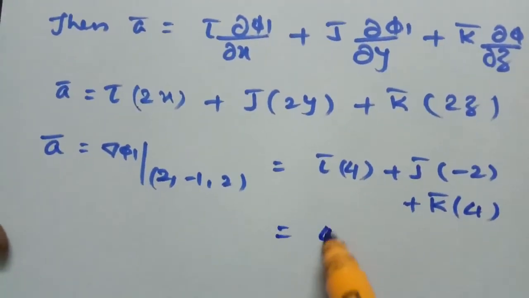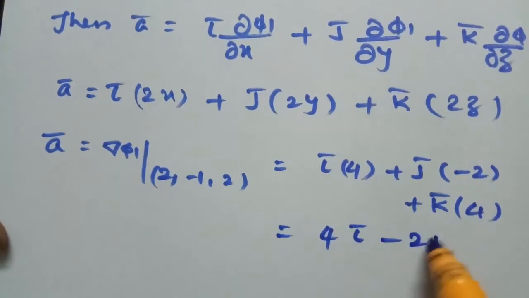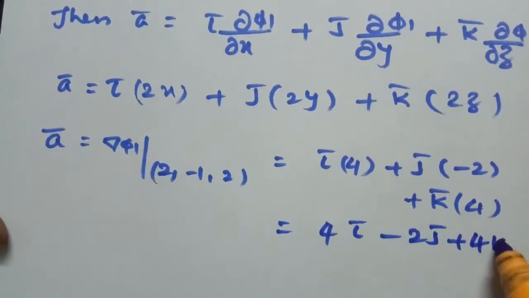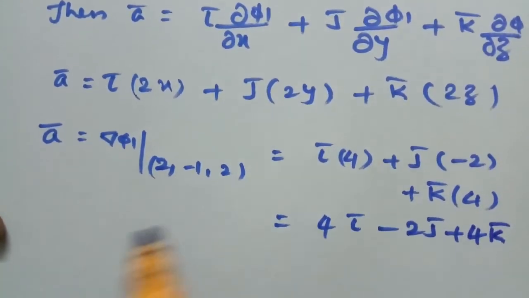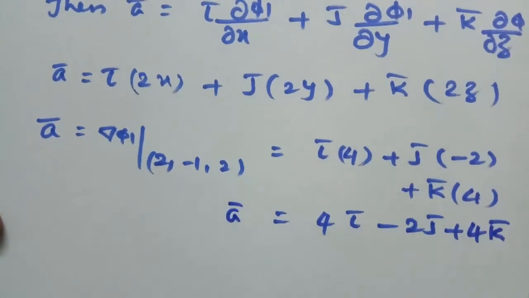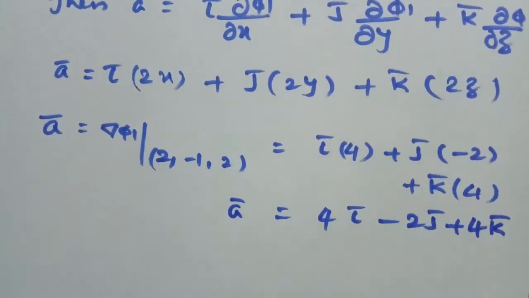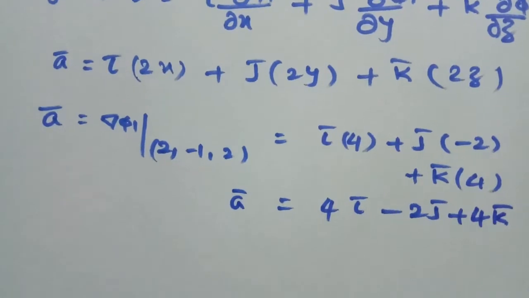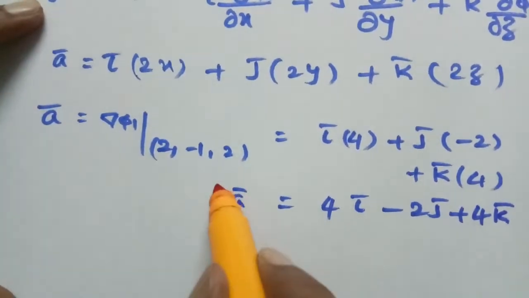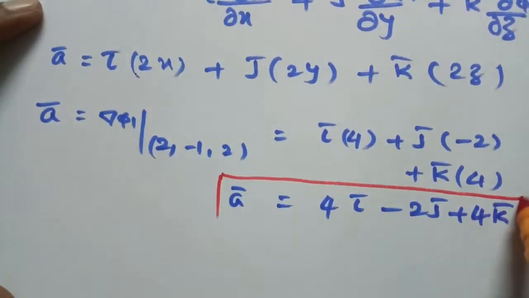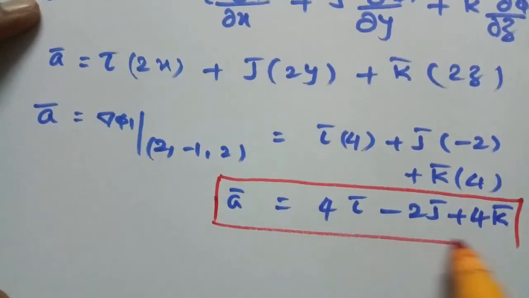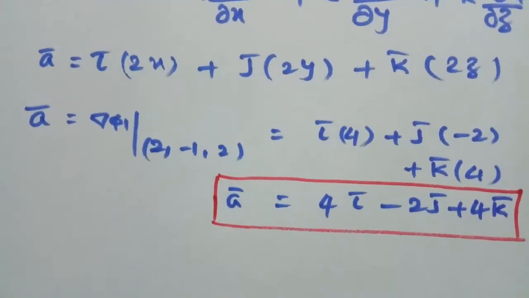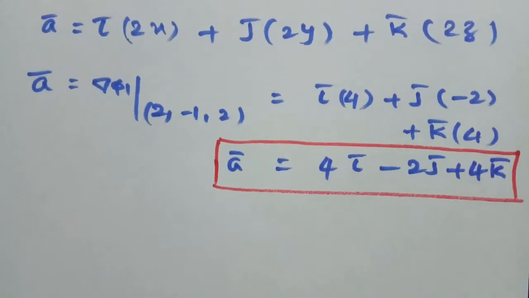That is equal to 4i bar minus 2j bar plus 4k bar. This is a bar. Therefore, this is the normal to the surface phi 1 at the point 2 comma minus 1 comma 2.